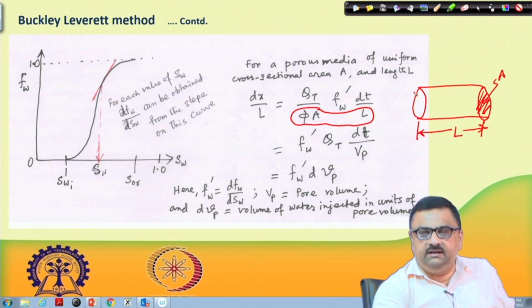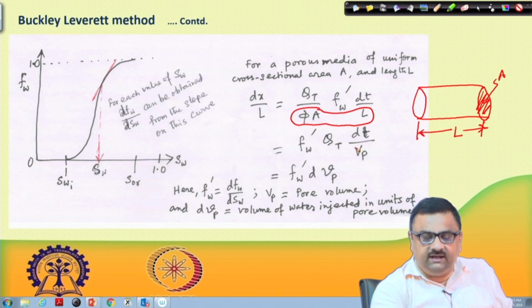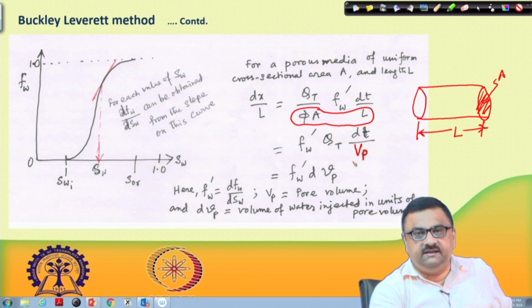So A into L is the total volume, and multiplied by porosity, phi into A into L, gives me the pore volume, the void volume of this core. That is written by capital Vp.